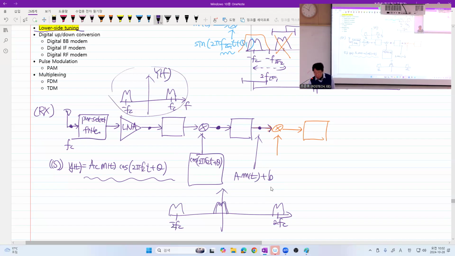And this is obvious because, as you can see in the time domain, you have A_C m(t) cosine(2 pi fc t plus theta) squared. And what is this? This is 1/2 [1 plus cosine(2 pi 2 fc t plus 2 theta)], something like this. Am I right? Got it?